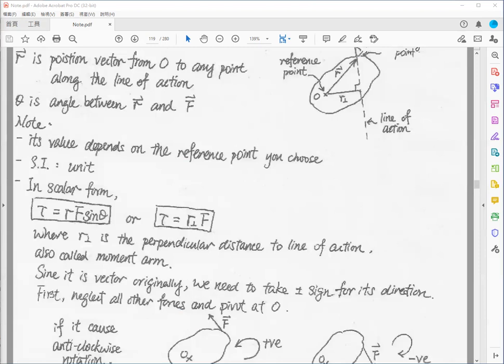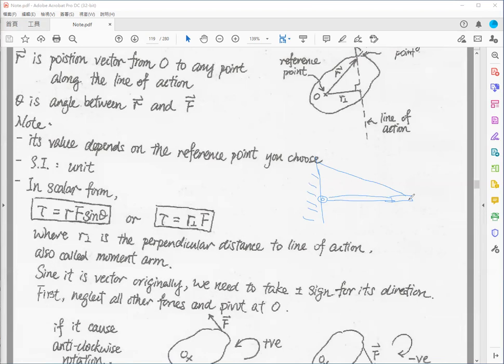Let's say here is a wall. There's a hinge. You know what a hinge is, right? There's a hinge attached to the wall with a rod at this point, and also a string connected to the rod. In this case, most likely you will take the moment at the hinge, because there's a hinge.